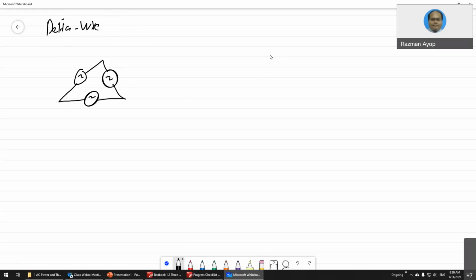For the Y connection or the star connection, you have to make the letter Y, not Y, the inverted Y. Make sure you know how to draw this.